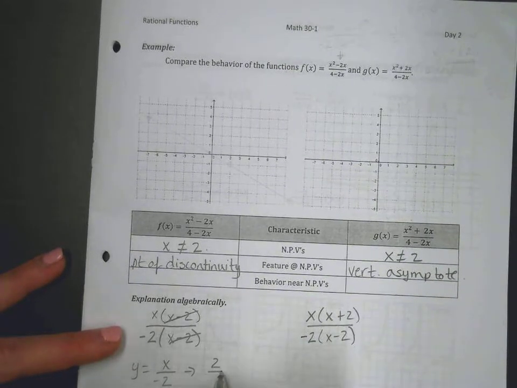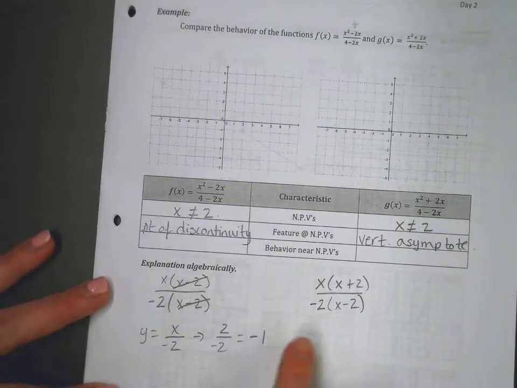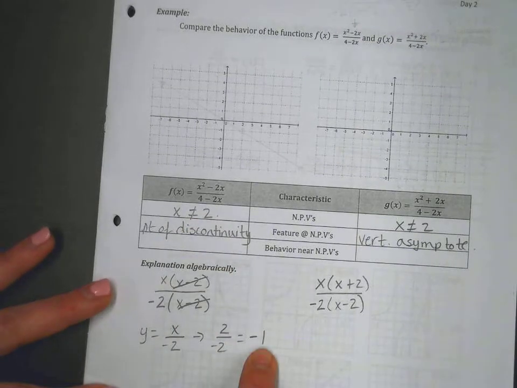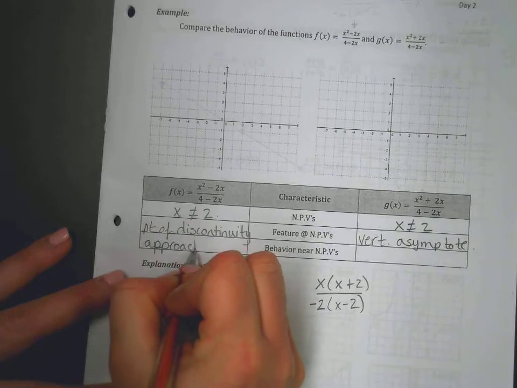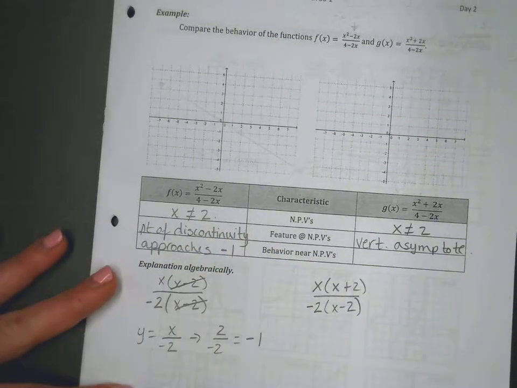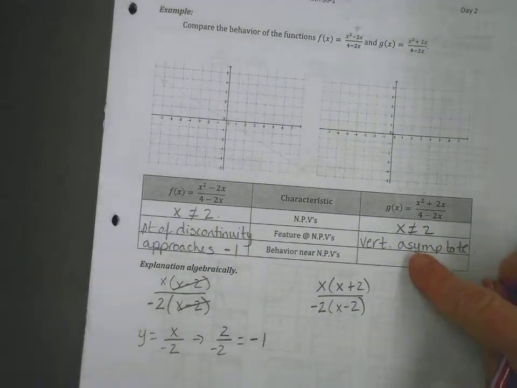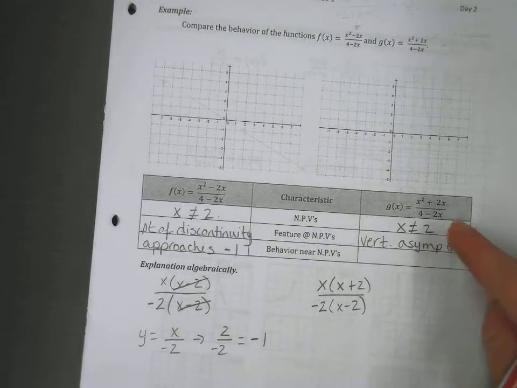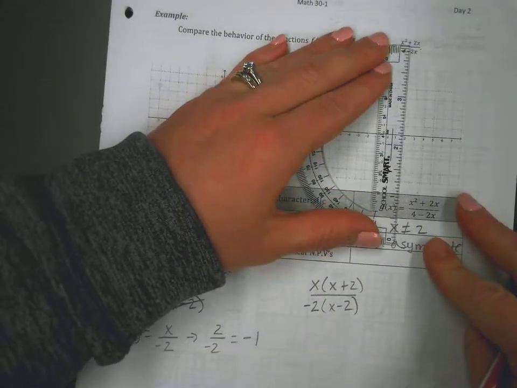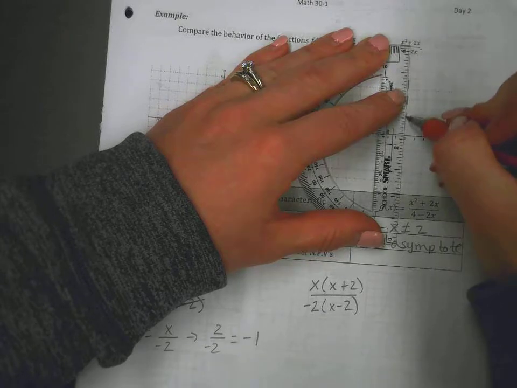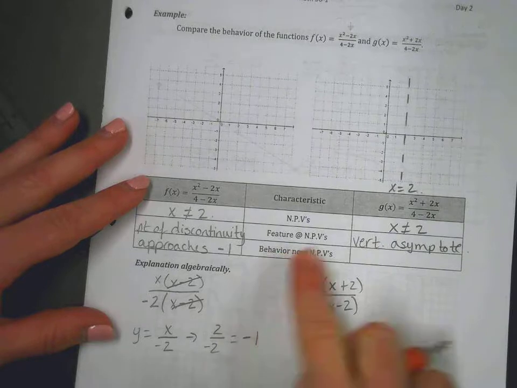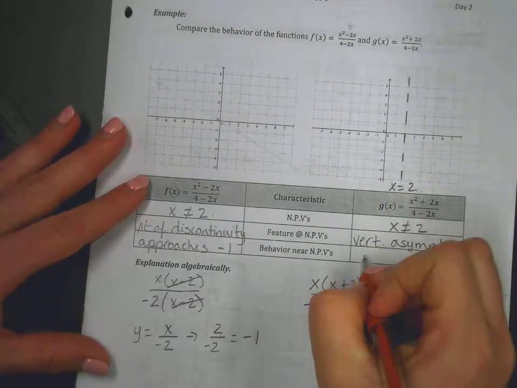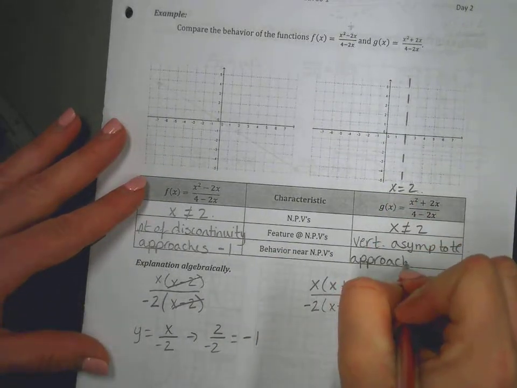If I substitute a 2 into here, this tells me the behavior near the point is going to approach a y value of negative 1. Here, if we have a vertical asymptote occurring at 2, then the behavior near this non-permissible value is going to approach positive infinity.